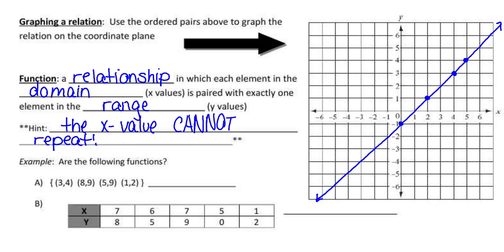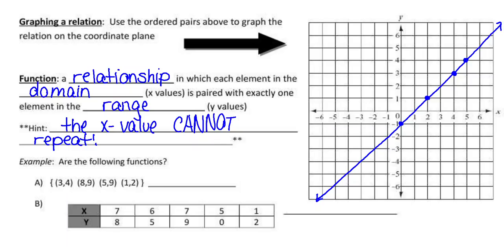So it can't have more than one boyfriend or girlfriend, because if it has more than one boyfriend or girlfriend, then that's why they become an ex. So you can only have one x value paired with one y value in order for their relationship to function, because no one likes any cheaters. So there's my silly example for how you can remember. Your x cannot repeat, because if they repeat, they become an ex, because they're cheating.